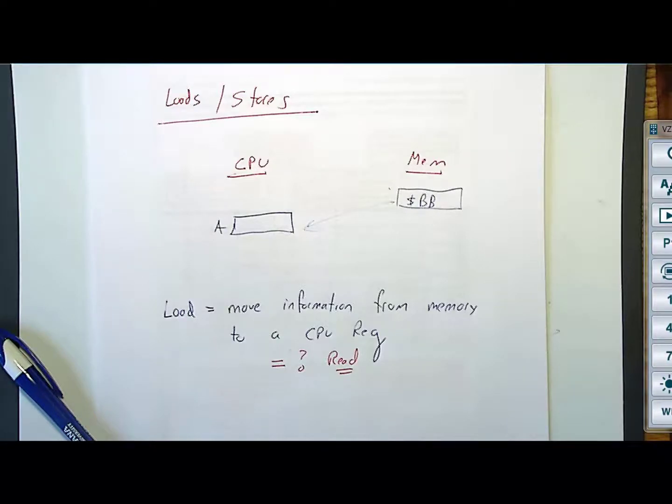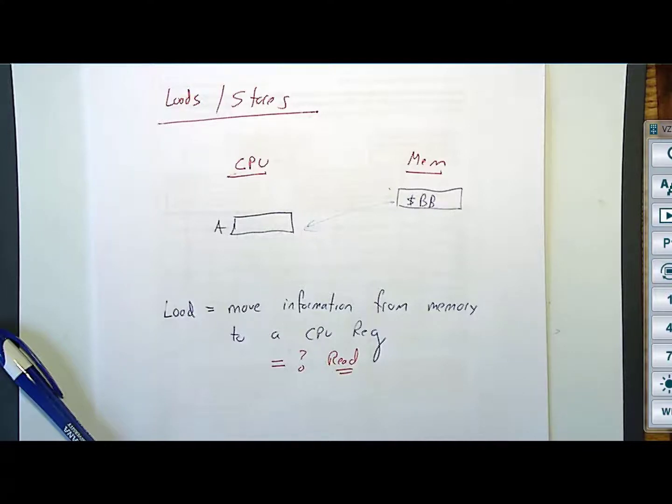Okay, let's push it in a little bit more. Remember, a read is a single memory access. You go to the memory system, you provide an address, and then data comes back. That's a read. That sounds pretty similar to a load, doesn't it? Except for the following.